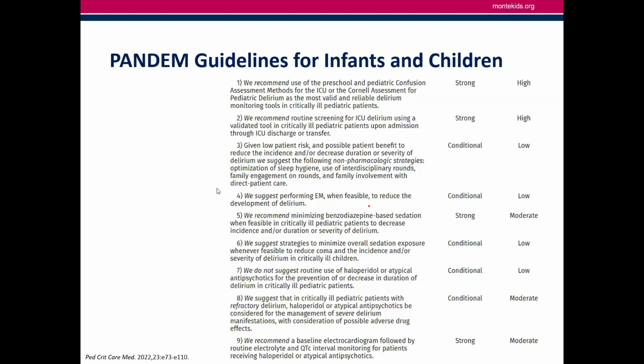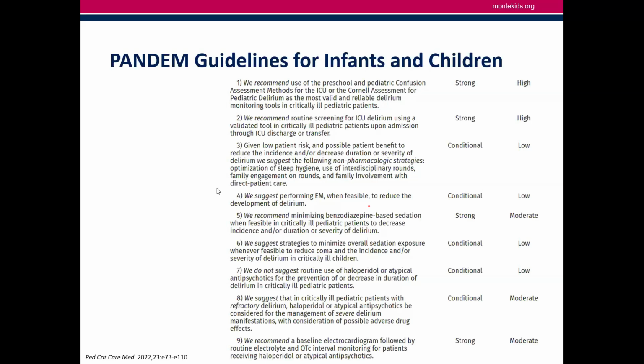And in the guidelines, the team did put together a few strong recommendations and then a few conditional recommendations. So they did strongly recommend what assessment tools to utilize for assessing delirium. They recommended the preschool and the pediatric confusion assessment methods for the ICU, as well as the Cornell assessment for pediatric delirium.